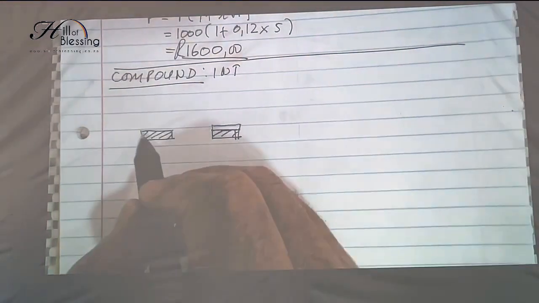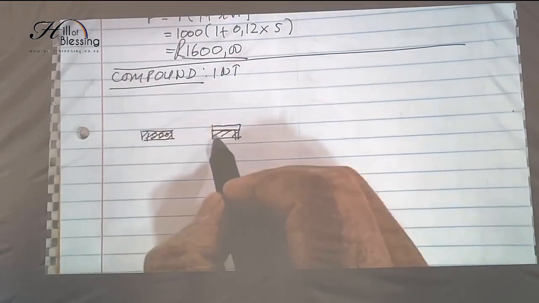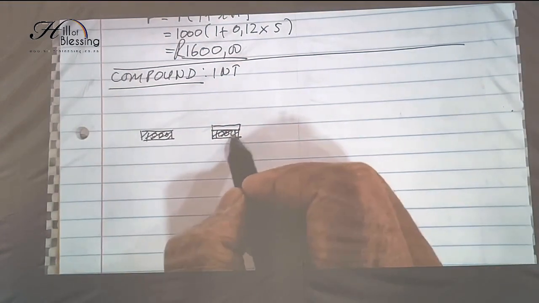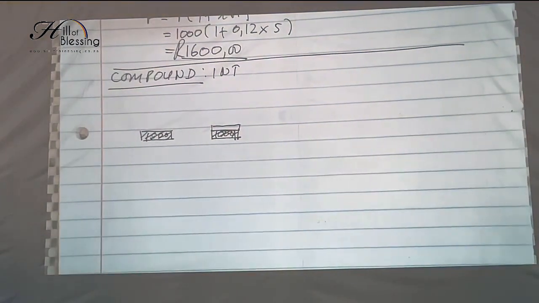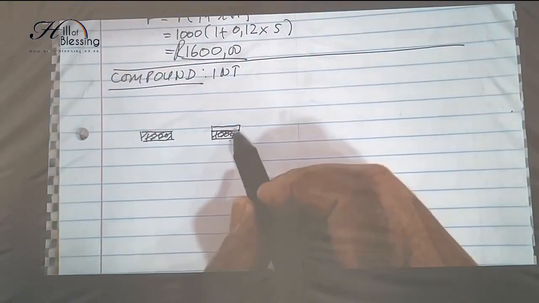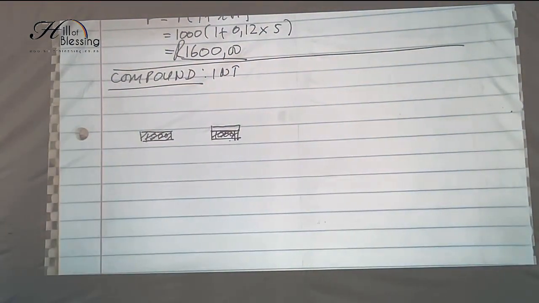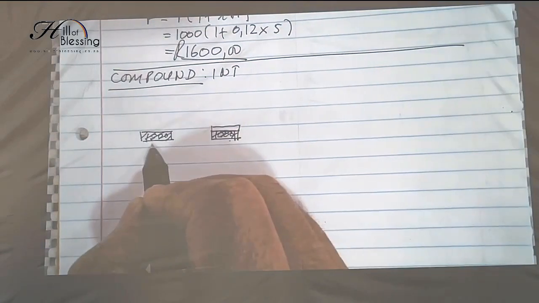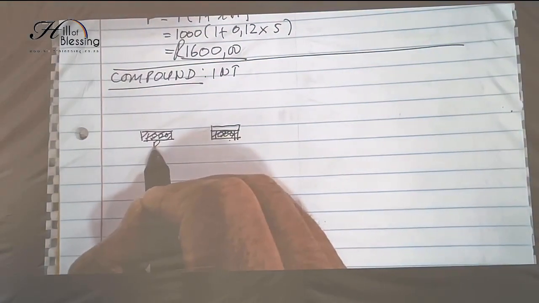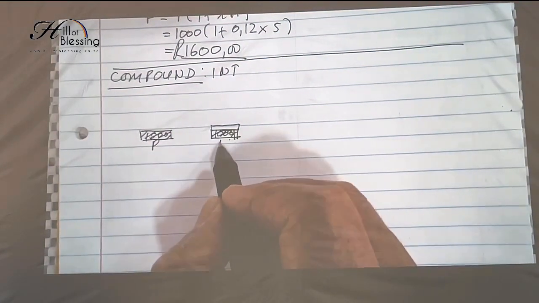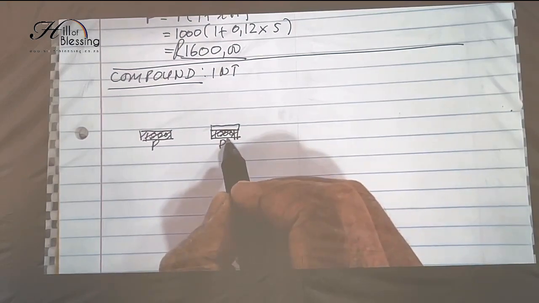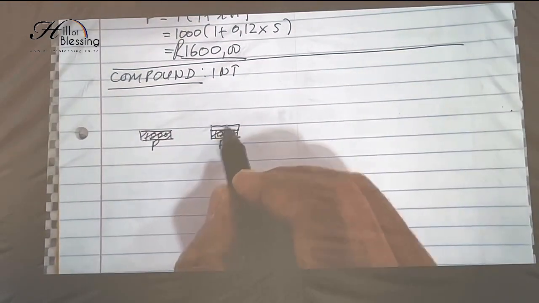So let's assume you want to invest this. At the end of the first year, you're going to get that 1,000 plus interest. So in other words, this is your P, and this one is your P, and I'll call it, let's say, P prime, because it's got the 1,000 plus interest.